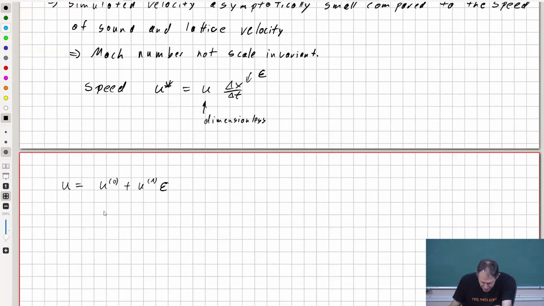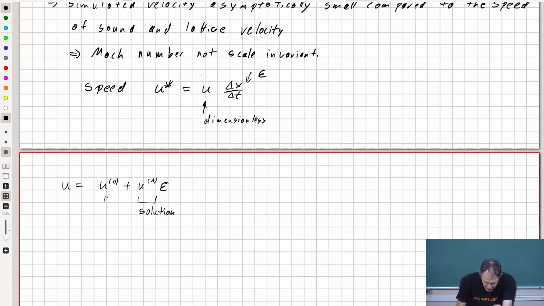So the solution that we have itself changes with epsilon. This means that this constant part, the constant part does not change with epsilon.